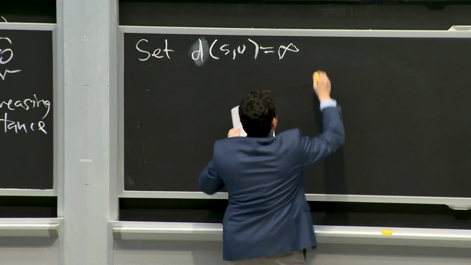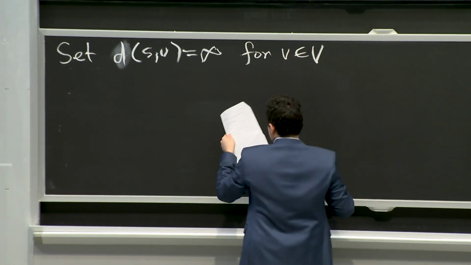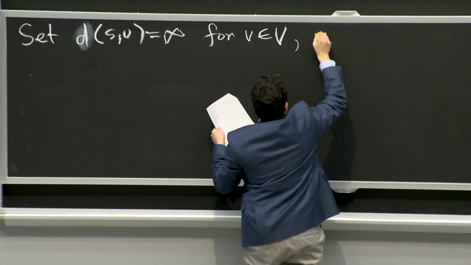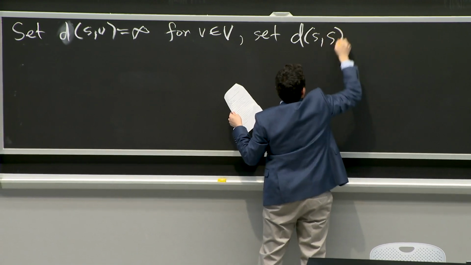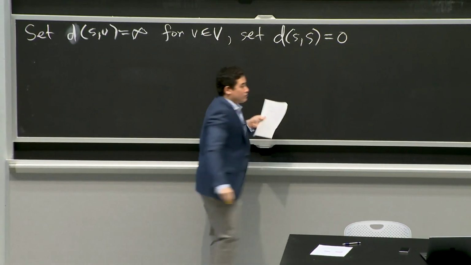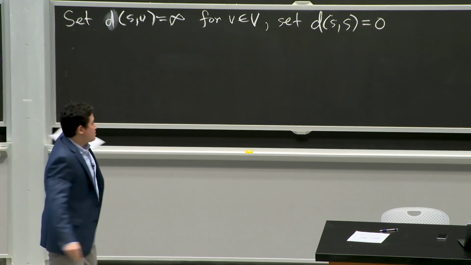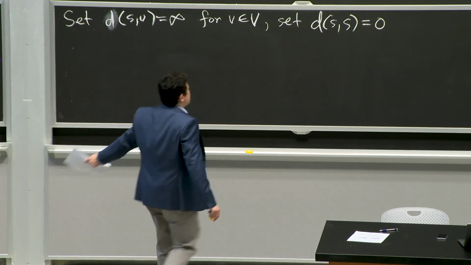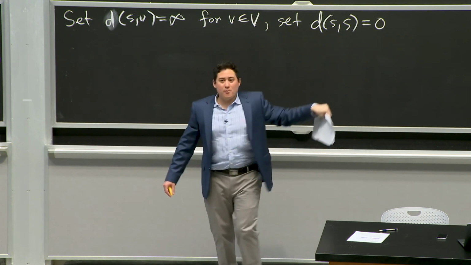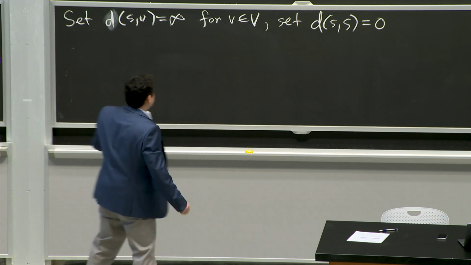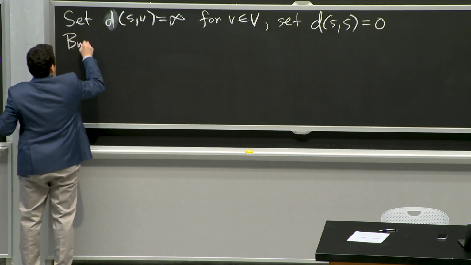That's what we're going to have to prove. So we first set all of them to infinity, and then set d of S equal to 0. And here, we're never going to update it again, because our shortest distances in a graph with non-negative edge weights certainly can't go below 0.